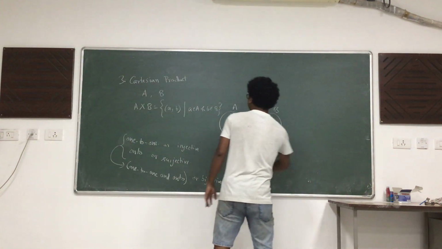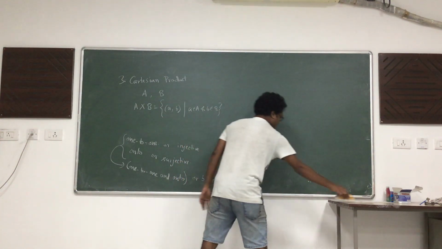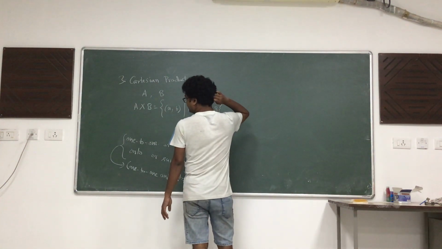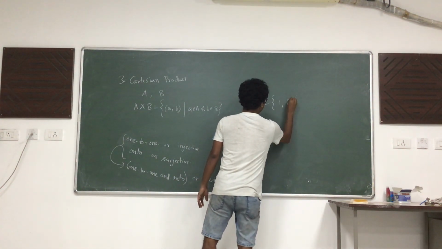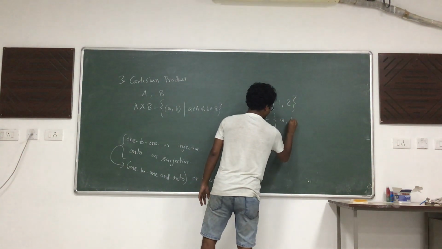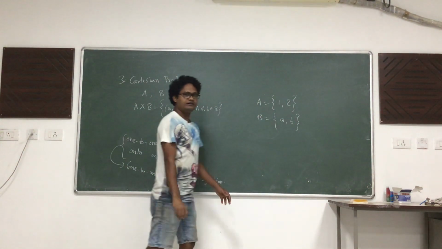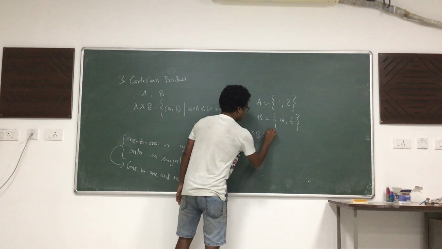Let's say, for example, A is {1, 2} and B is {a, b}. Then the Cartesian product of A and B will have 4 elements.